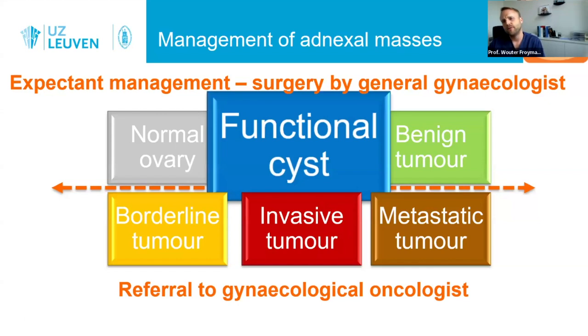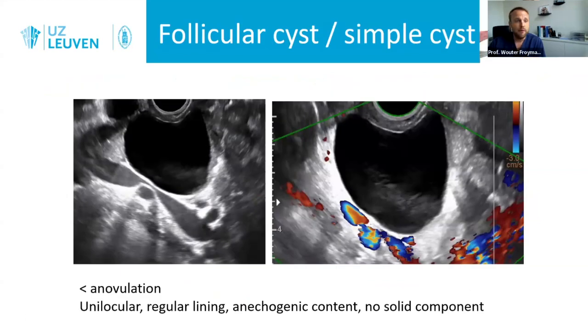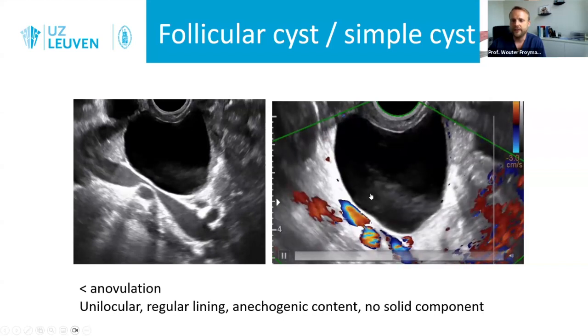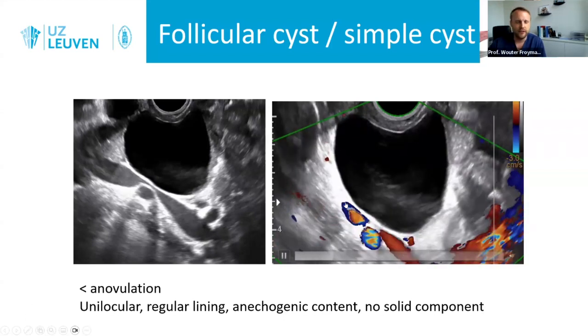And let's start with some functional cysts that can be related to patients that present with abnormal bleeding. So maybe the patient has anovulatory cycles, and there you can have a persistent follicle or a follicular cyst. These will present as a unilocular smooth-walled cyst with an anechoic content, as you know, with very limited vascularity and without any solid tissue.